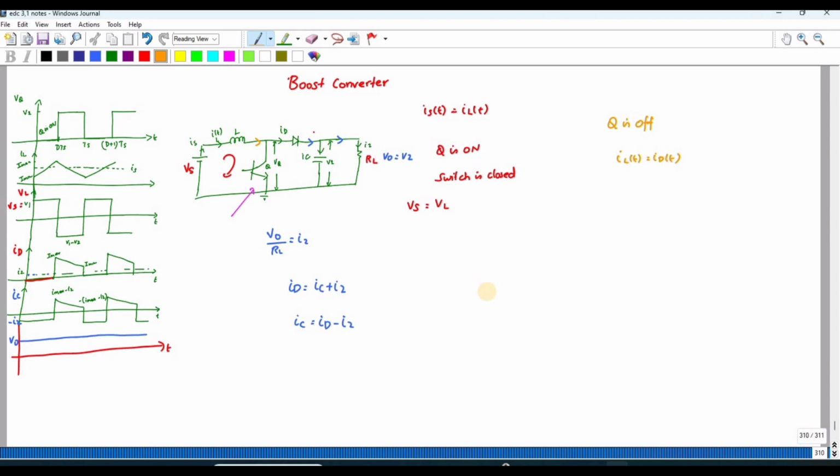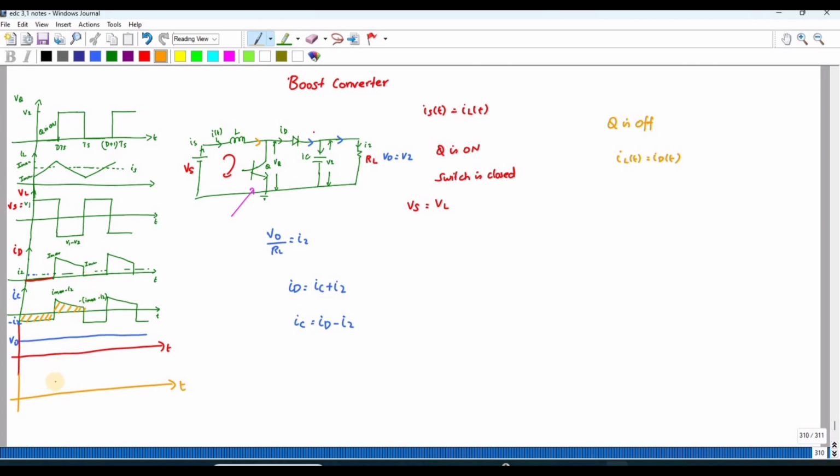So you can see during this time, the capacitance starts to discharge. During this time the IC value is very less, and during this time the IC value is maximum.